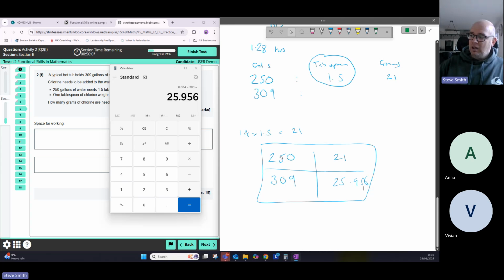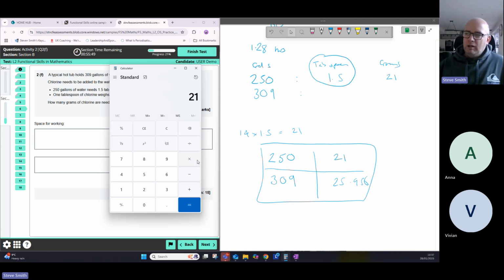So we're almost saying per gallon. So we've divided the 21 by 250 gallons. If we go back to that first bit, we've got 21 grams of chlorine, and we're dividing it by 250. We're split into 250 parts, so we know how much chlorine we need for 1 gallon.